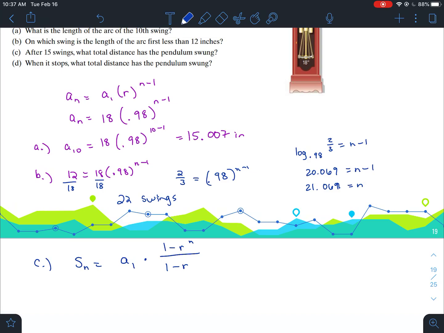And so we want the sum of the first 15 swings. So we're going to take the first term, which was 18, times 1 minus, the common ratio is 0.98, and then raised to the 15th power, divided by 1 minus 0.98.